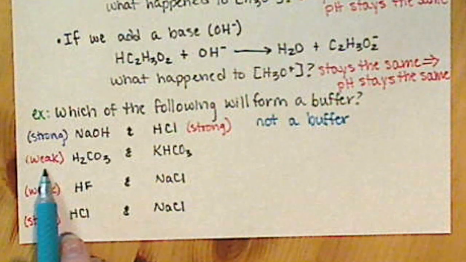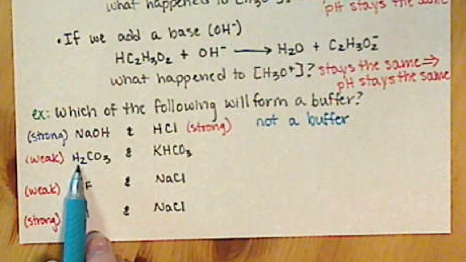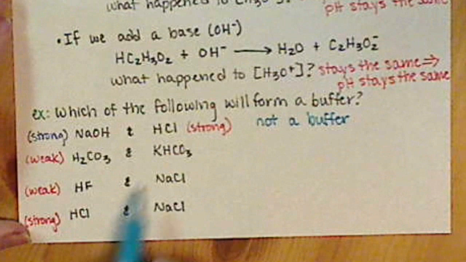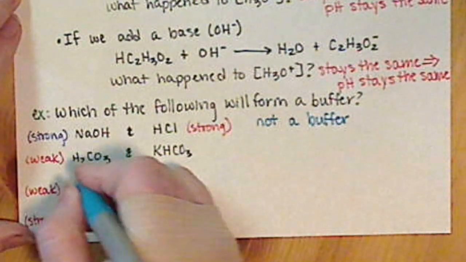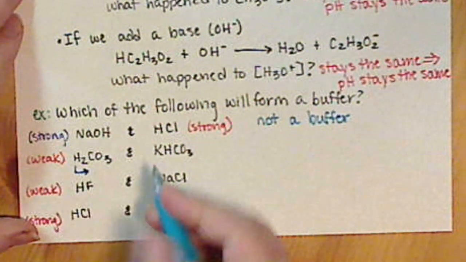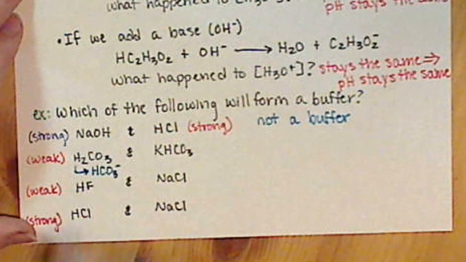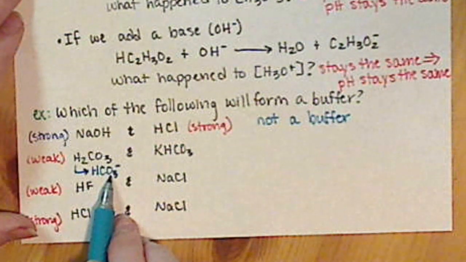Next question, we do have a weak acid, so our first condition is met for our buffer. So what we want to determine is if we've added the salt of our conjugate base here. Our conjugate base of H2CO3 is going to be the result from losing one of the protons. So our conjugate base is HCO3-.